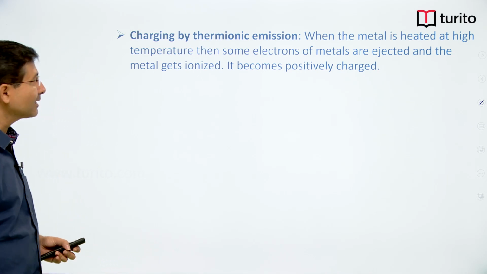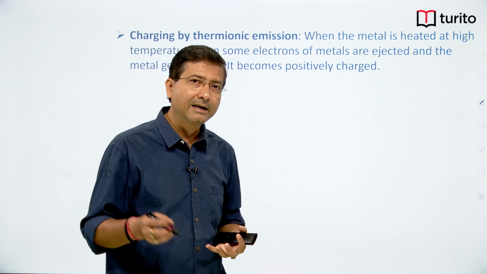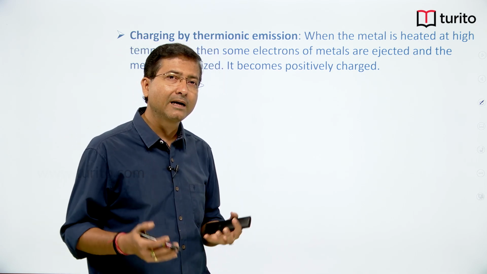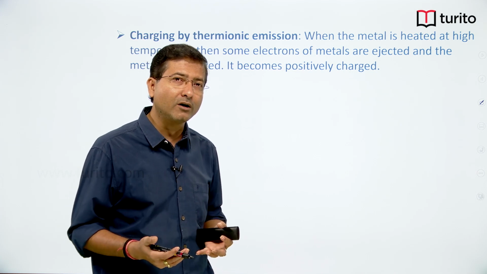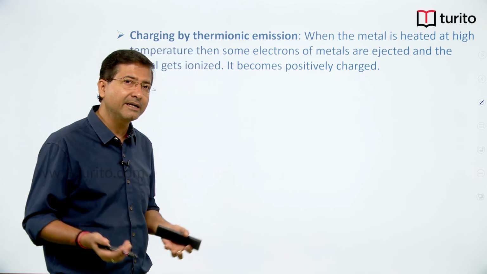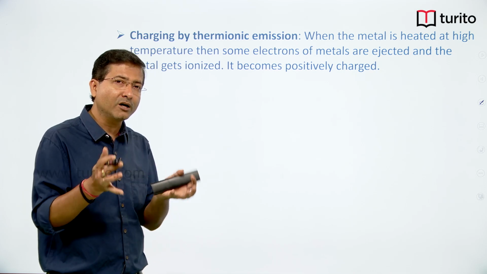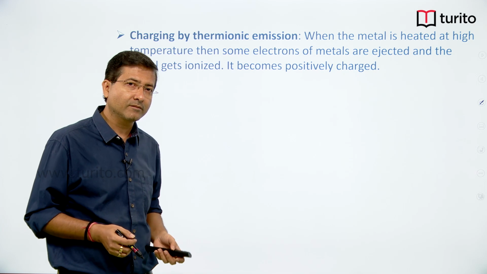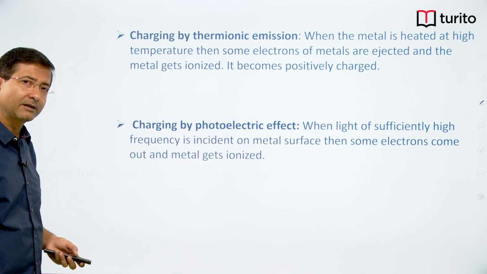Now, charge by thermionic emission. If you keep heating a body, electrons start coming out from the body, and that process is called thermionic emission. So you can also charge a body by just heating it up. As electrons keep going out of the body, the body will get positively charged. So this is one way of charging. Another way, photoelectric effect.